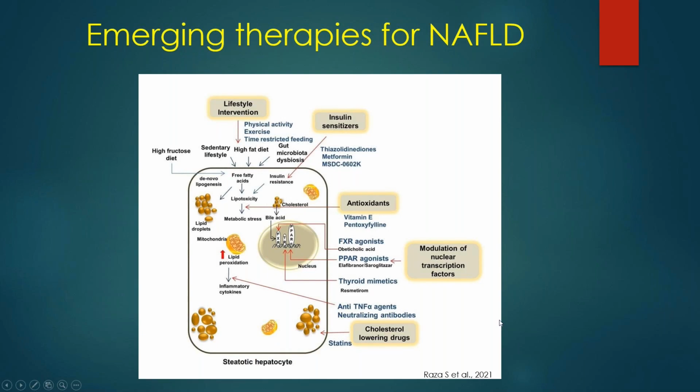Finally, we think that we could get around this lipid induced disease by affecting the hormonal status. So thyroid hormone mimetics, PPAR agonists, FXR, these are nuclear hormone receptors which are under clinical trials for relieving NAFLD stress. At the same time, insulin sensitizers are also showing good efficacy, and lifestyle intervention always remains the major way to deal with it.